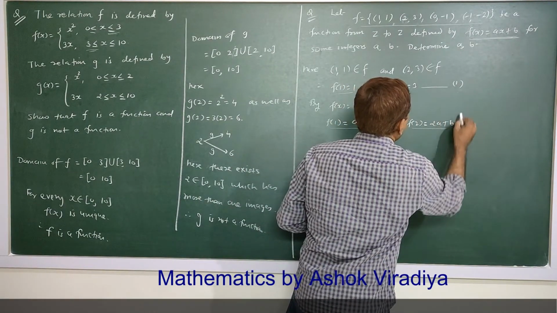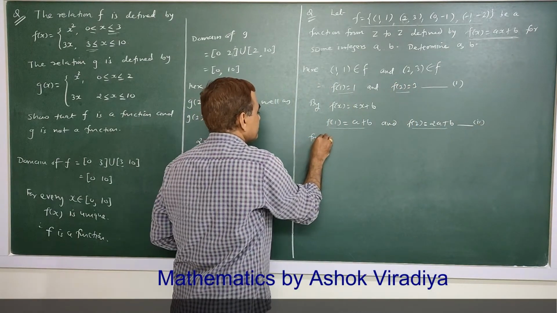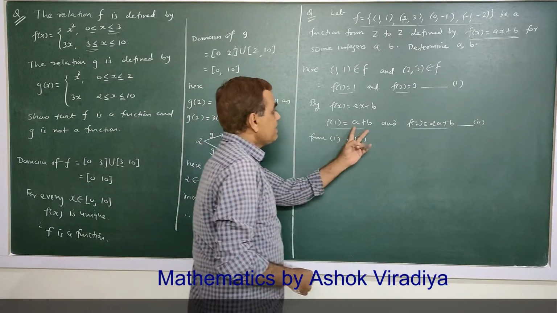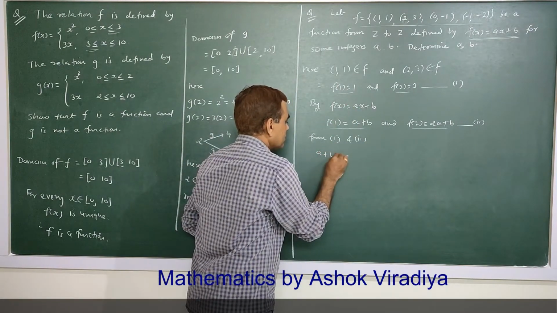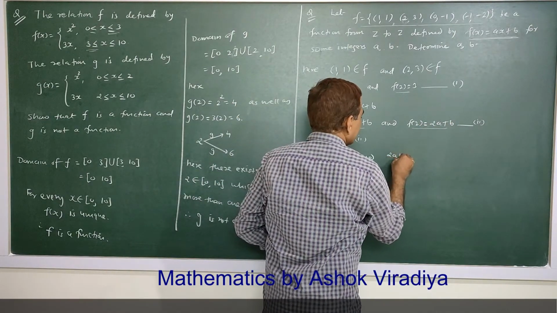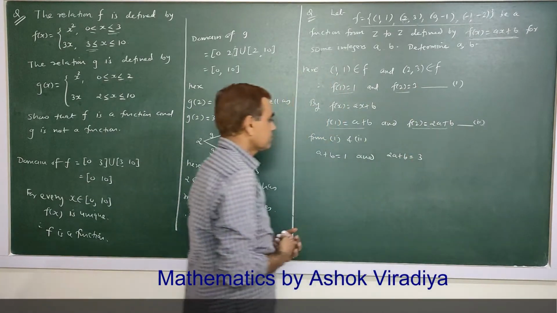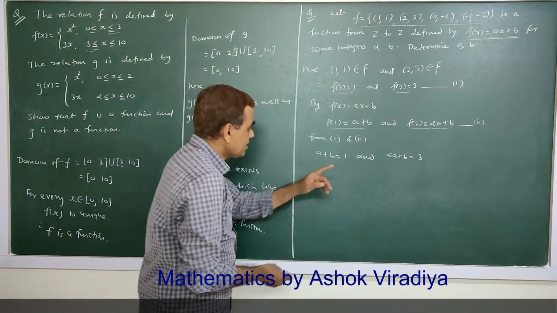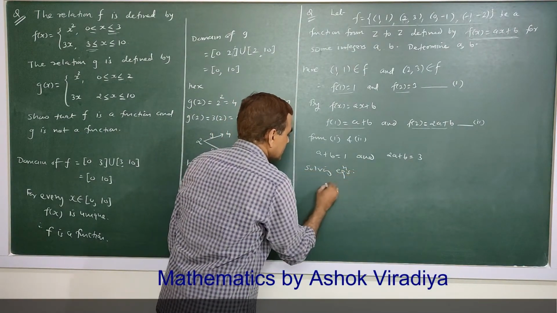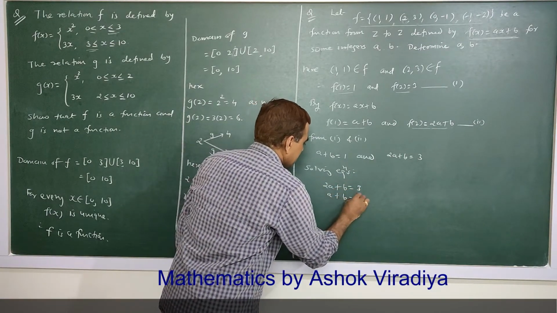So from statement 1 and statement 2, a plus b is 1 and 2a plus b is 3. We solve these equations. 2a plus b is 3, a plus b is 1.